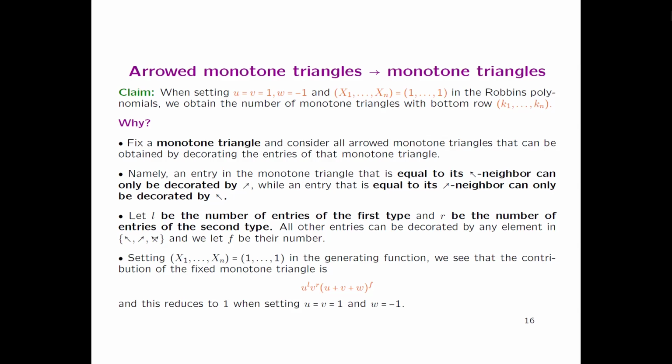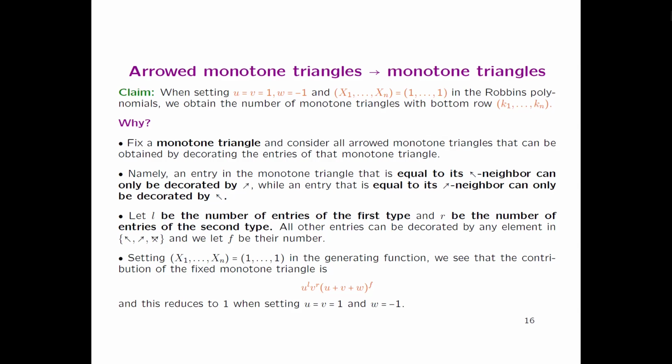If in addition you specify xi equal to 1, and now you see why I chose u, v equal to 1 and w equal to -1, then u plus v plus w is just equal to 1, and every monotone triangle gets weight 1. Okay, so this is how Robbins polynomials actually generalize the operator formula.